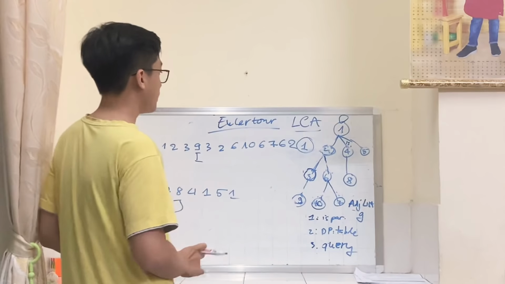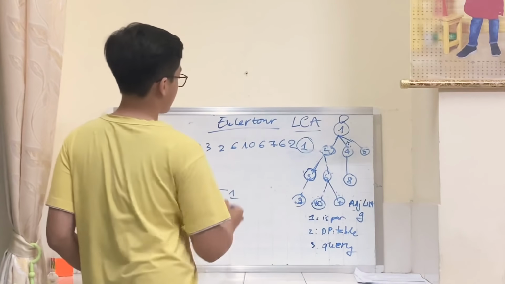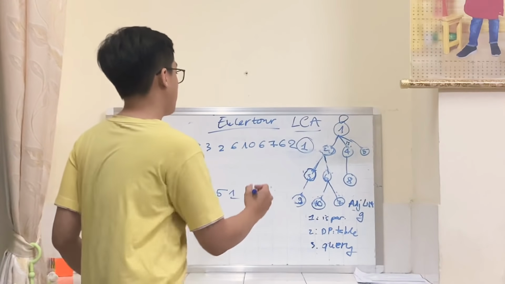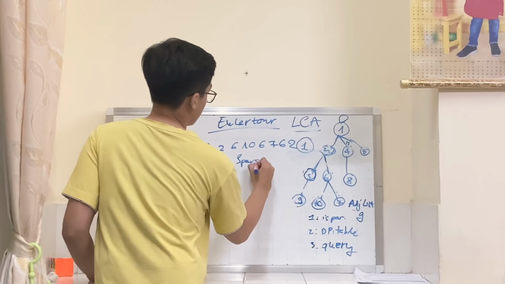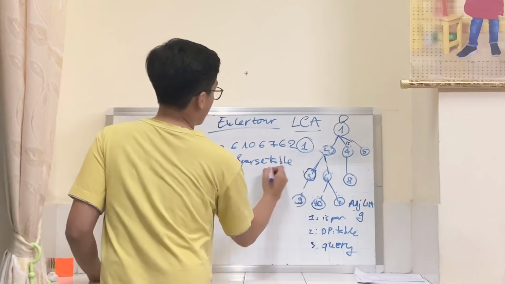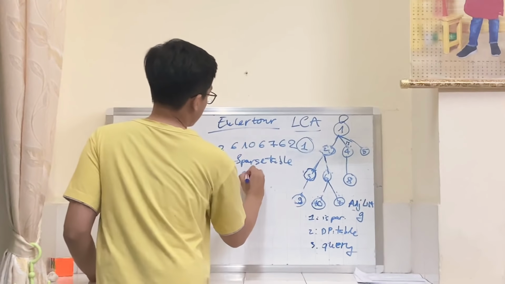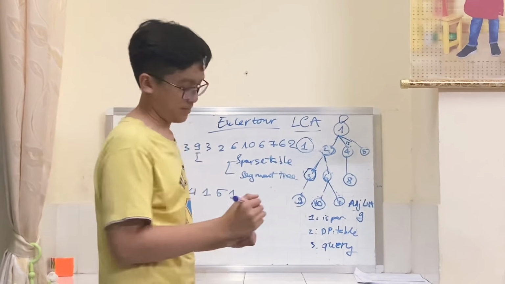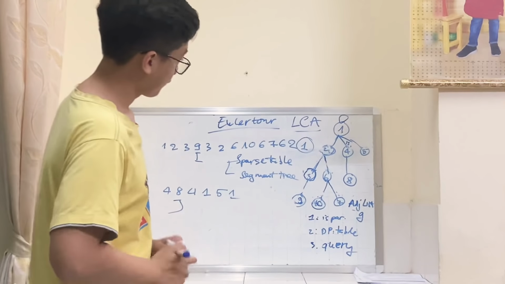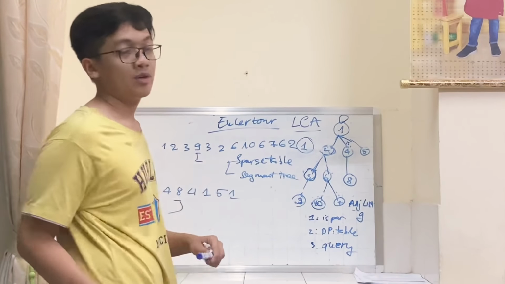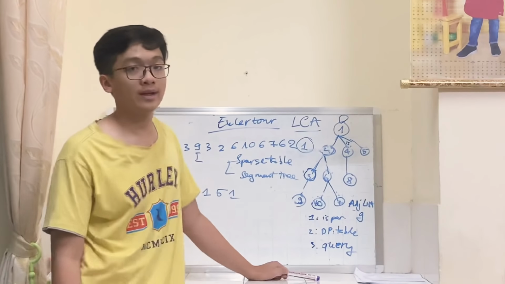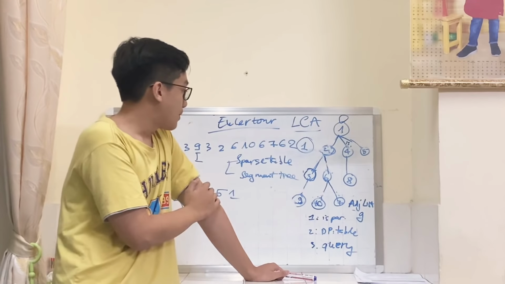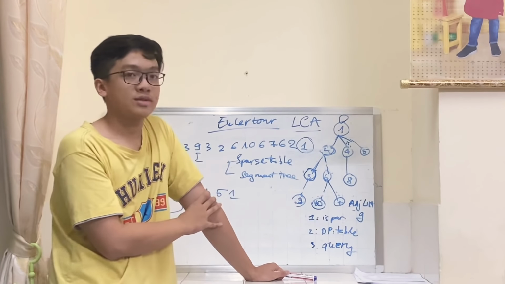Yeah. So to tackle the range query, you use a sparse table or a segment tree. The sparse table is built in n log n time, and querying for the minimum is constant time.